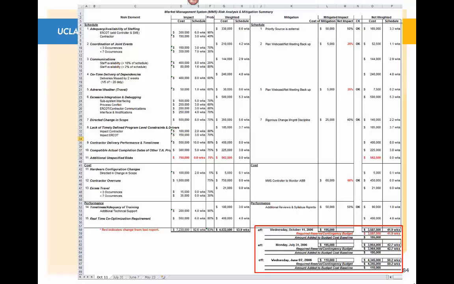So it still stood at $195,000, which was the amount added to the budget cost baseline. So there was no additional increase or decrease in mitigation, but we did have a significant decrease in the net weighted cost risk reserve in cost, and a net weighted risk reserve for schedule for this project.